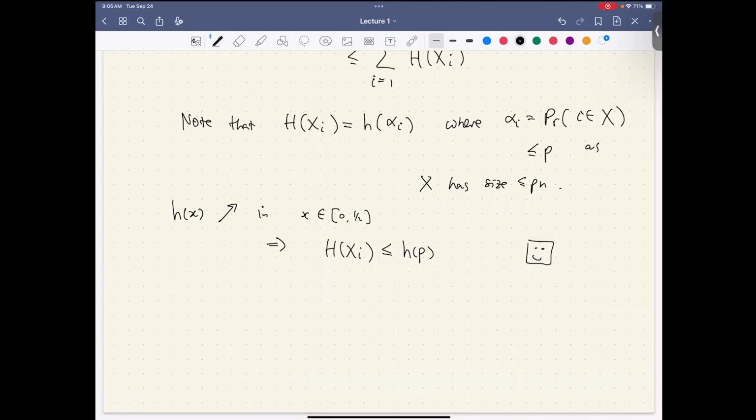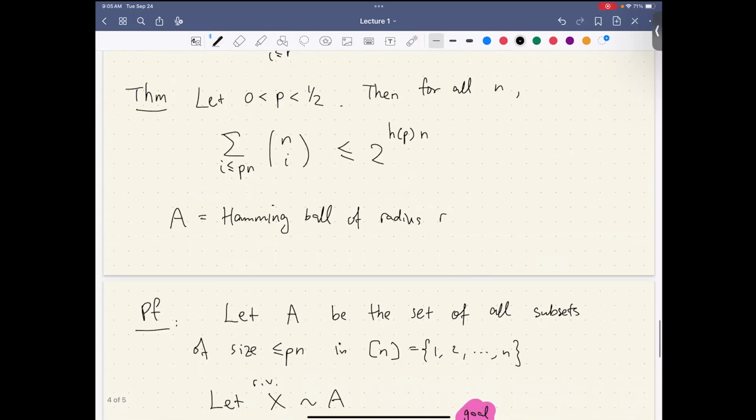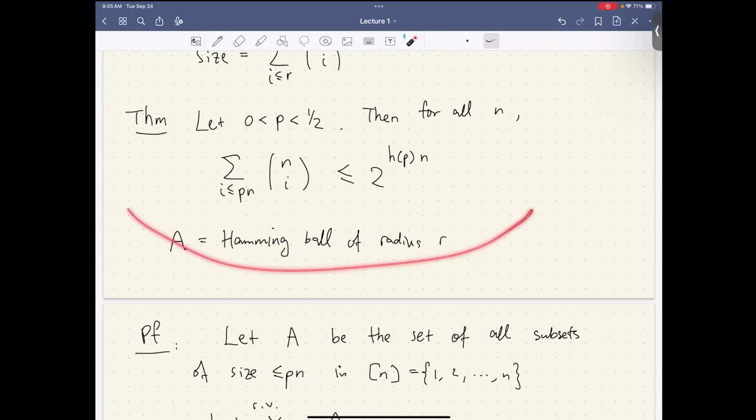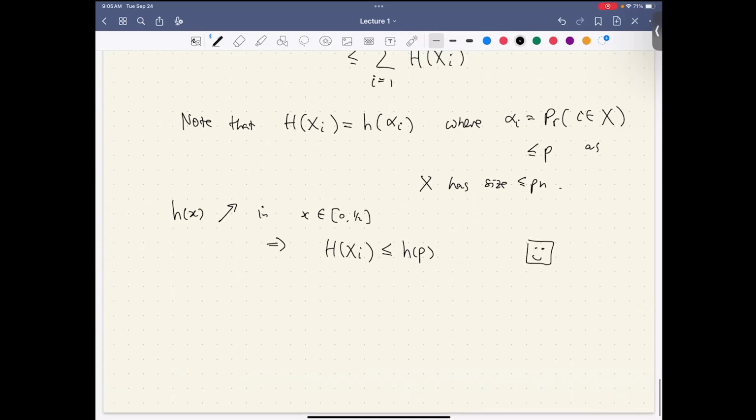Here's an exercise to show that using this estimate on the Hamming ball, using this theorem, we can prove a weaker version of Chernoff's inequality.